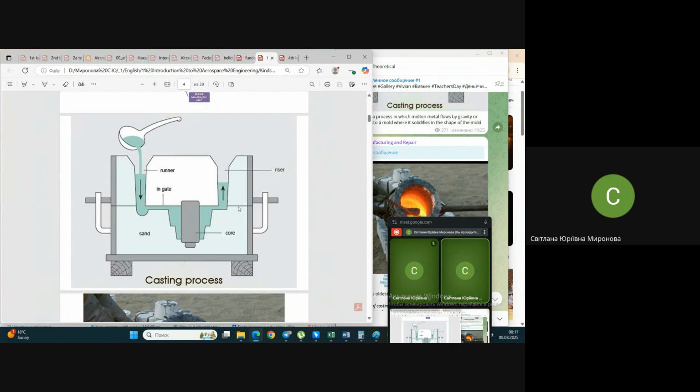First, fill some box with the sand, soil, adhesive material mixture, and compress it, make a shape, like a negative shape, which repeats the shape of the fused product, and fill it with liquid metal. And wait. And you have the casting process after this. The casting product, the cast, so to call it. The question is how to provide repeatability of shape.